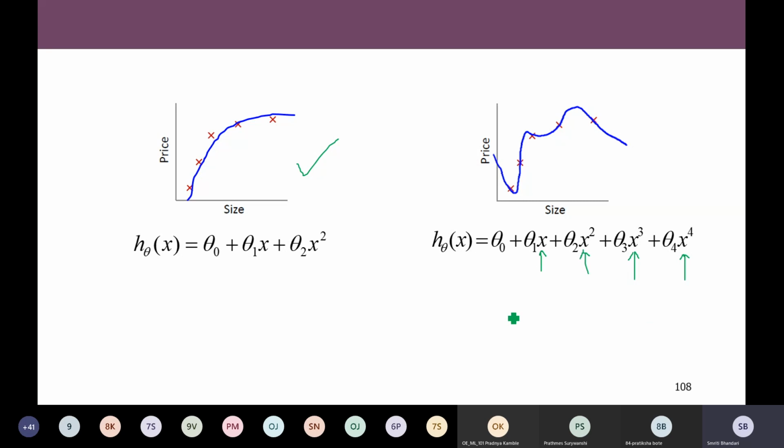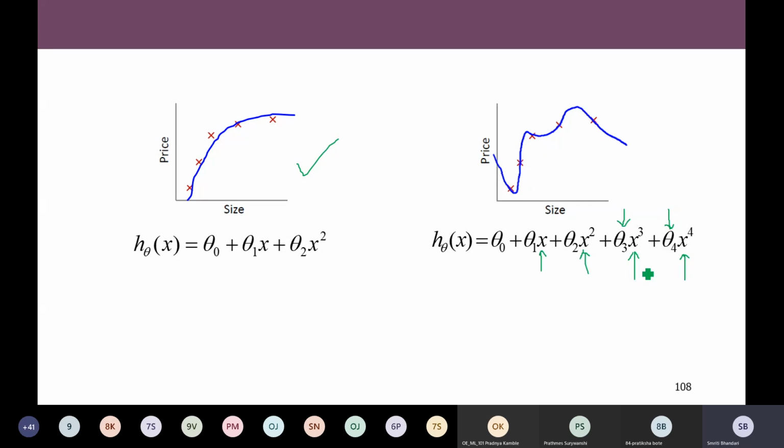To overcome this overfitting, instead of reducing the number of features, what we are going to do is modify the values of thetas. We are going to change the values of thetas, we are going to reduce the values of thetas, right?